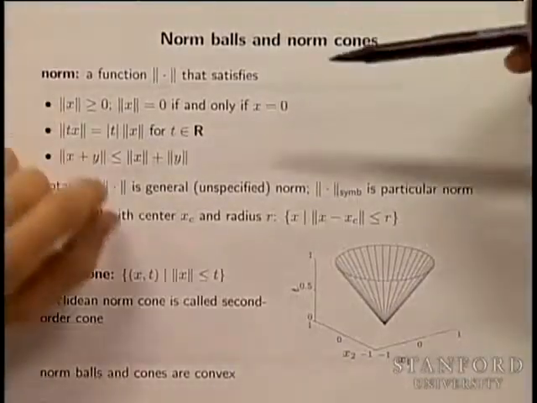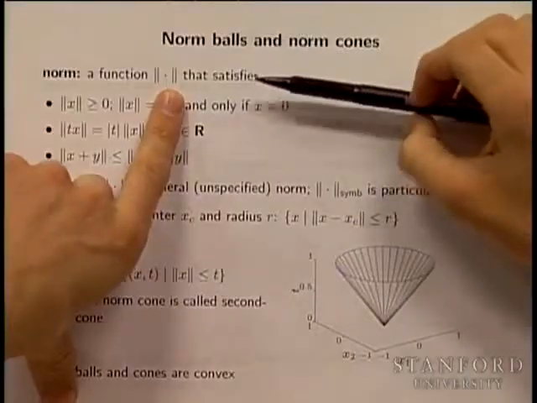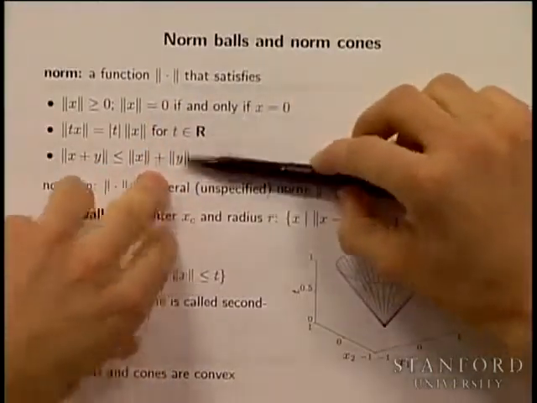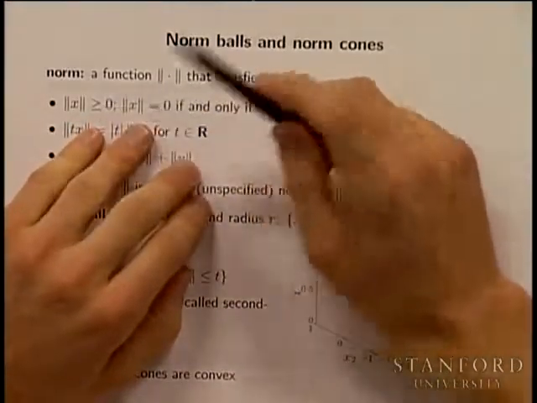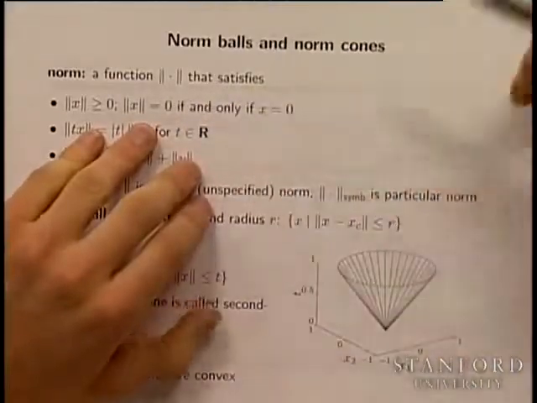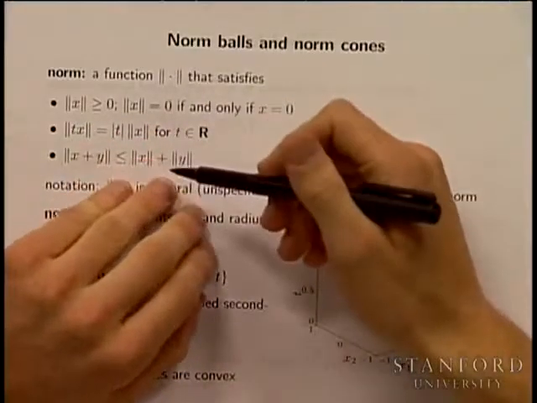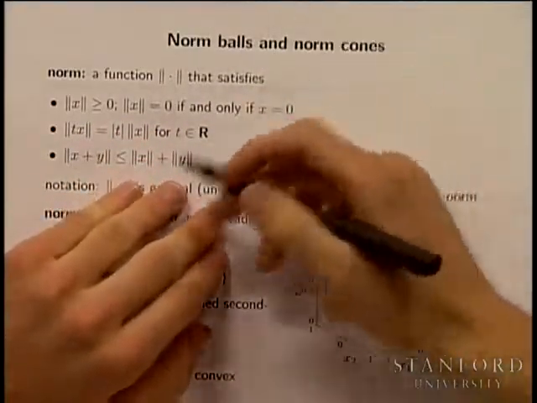More generally, we've seen 2 norms a lot. We've seen the Euclidean norm, but more generally we can define a norm as being any function that satisfies these things here. So first of all, this is something like definiteness and non-negativity. These are just a bunch of things that you should look at that define a norm.